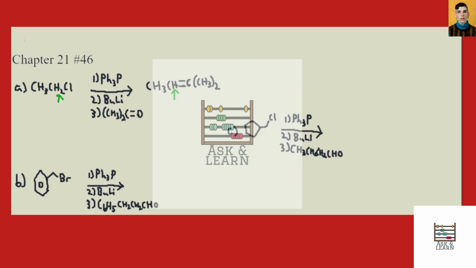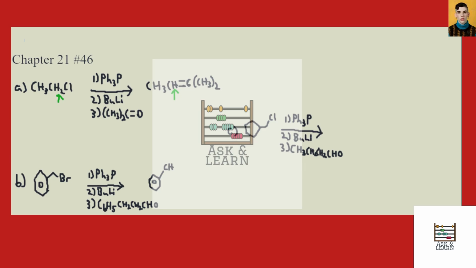Using that same approach, B is going to look like this. There's the portion that comes from our starting material, and we can write that out as CH if that makes it easier.